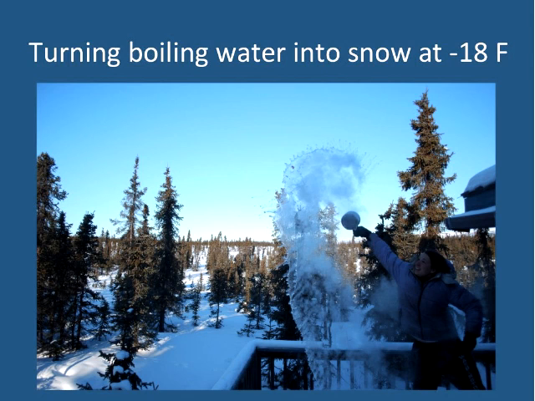I hope most of you will remember that we did our boiling water experiment, turning boiling water into snow. By the time we got it together, the lowest temperature we could come up with was -18 Fahrenheit. And so we tested that out. And sure enough, the hot water getting ready to vaporize, you throw that up in the air, the surface area really decreases, that temperature shoots in there and it flash freezes it.